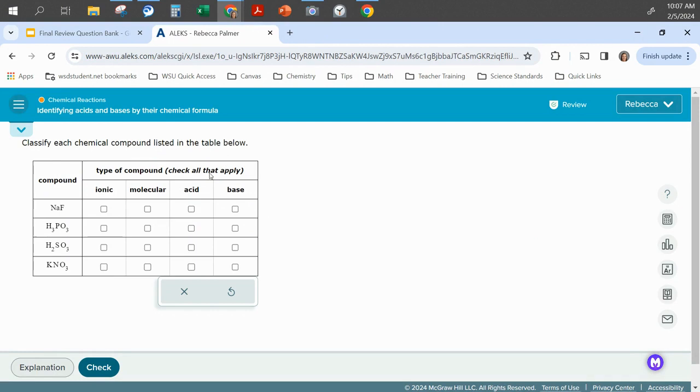So we are looking for, is it an acid or a base? And then we're also looking for, is it ionic or molecular? We've been practicing this with some of the topics we've been doing. Ionic, remember, we need a metal and a non-metal, or we need ammonium. And if it's molecular, it just has non-metals and it doesn't have ammonium. Watch out for ammonium.